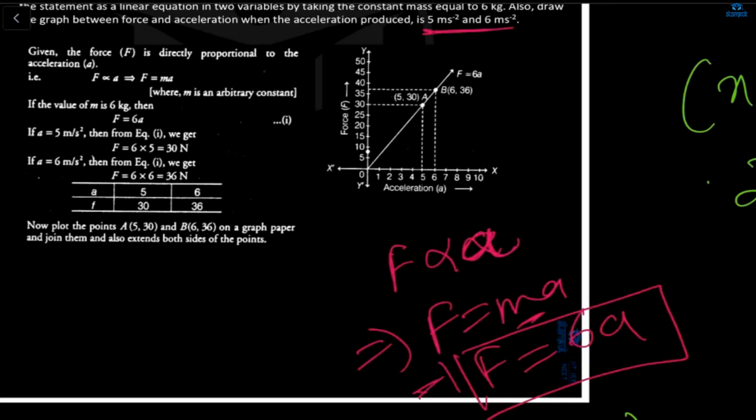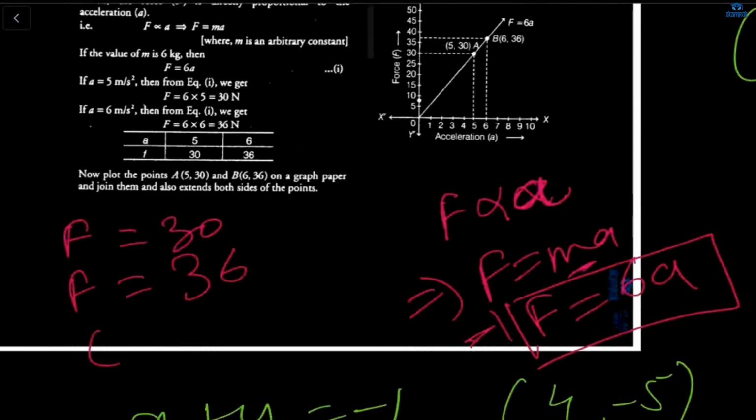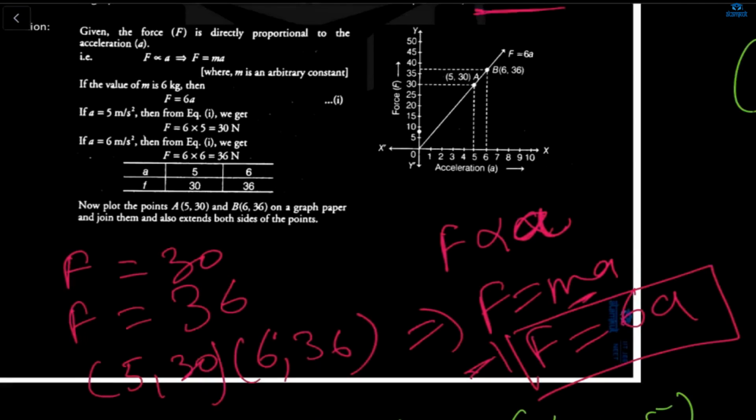You just have to find the value of y. So for 5 meters per second squared, the value of F will be what? 30, and the F value for 6 meters per second squared, 36. So what points have you got here? You have got 5, 30 and 6, 36. So these 2 points you have to plot. That's it. Nothing tough here.